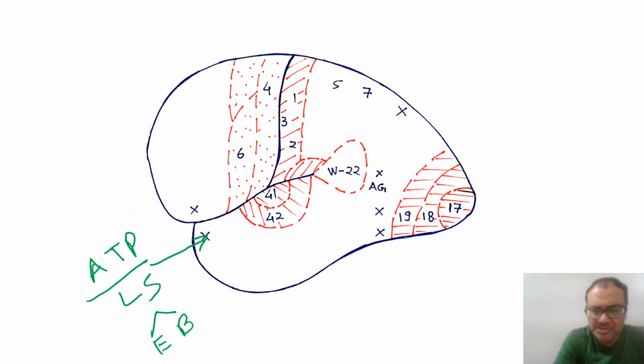Function number 6 is actually common with a function of the temporal lobe, this area, and this is for naming the object. And finally, below this, we have the area for equilibrium, that is for conscious perception of balance or equilibrium. These are the last three functions.